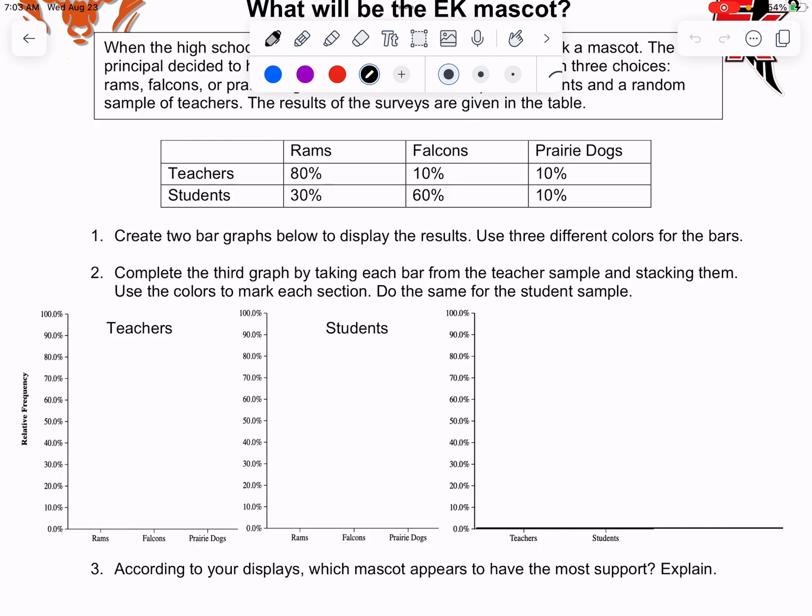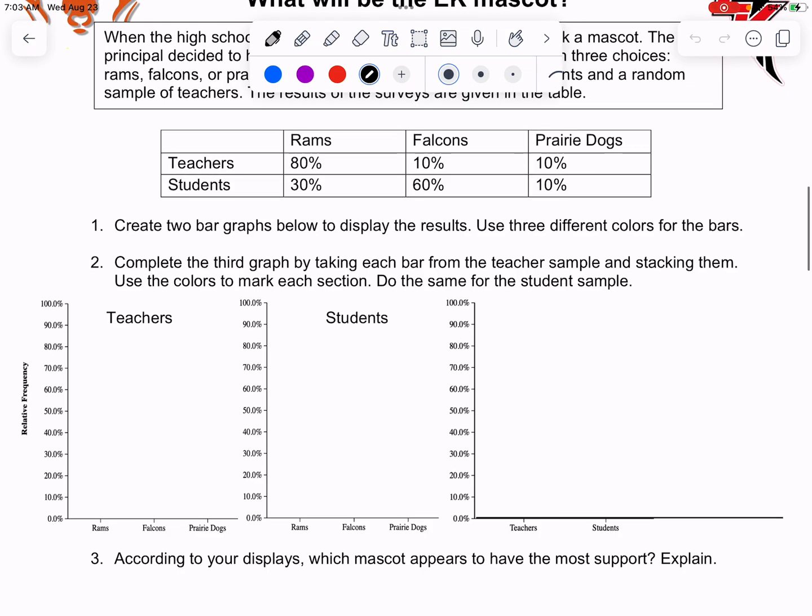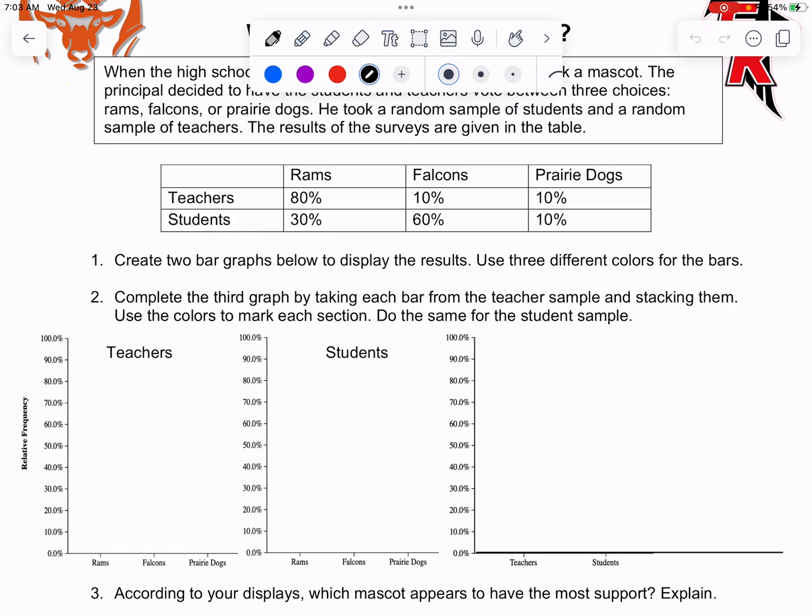We have teachers and students, and it wants us to create two separate bar graphs to display the results. All right, so since we're doing teachers and students separately, we're not considering both of the variables. We're only considering one. In other words, we're just looking at one row for each time. We're looking at teachers and then students.